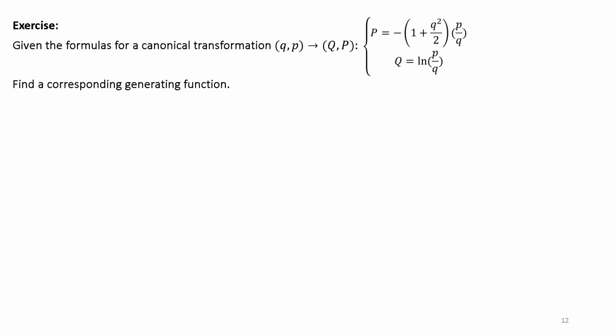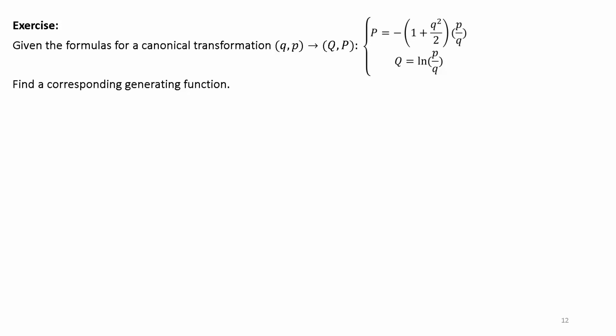One question here: suppose I give you a transformation, how do I test whether it is indeed a canonical transformation or not? I told you that it is, but how do you know that you can trust me? One way to find out, as what we are going to do here, is that if you can find a corresponding generating function, then you know that this is a canonical transformation.